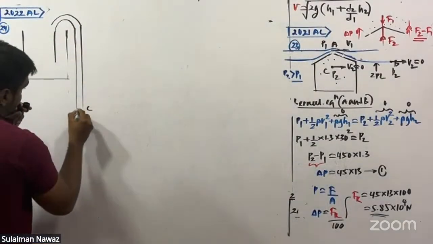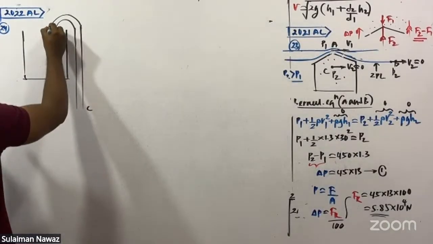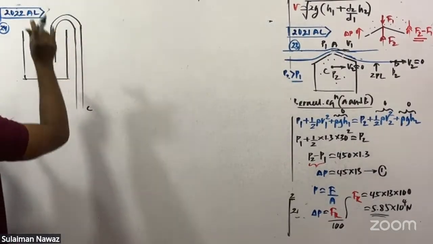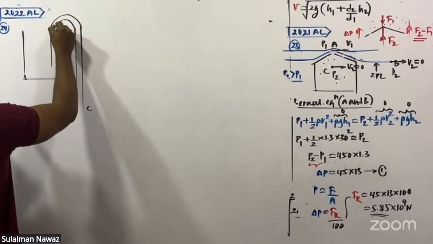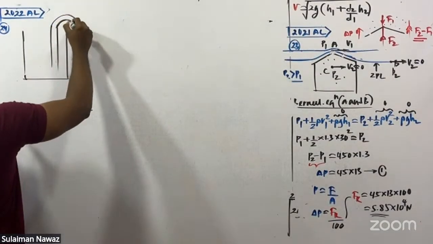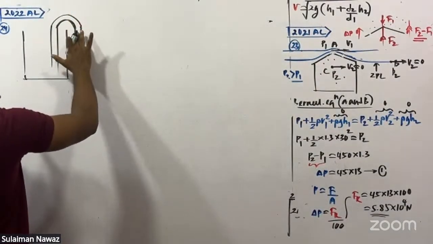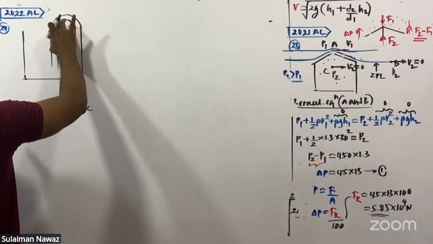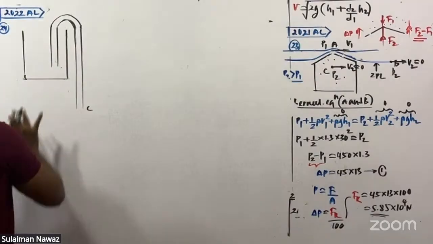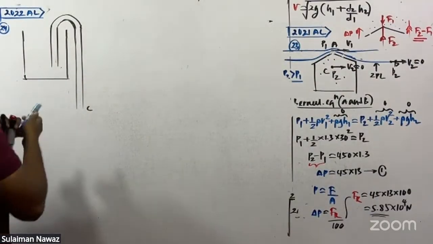This is point C. There's a liquid inside this container.